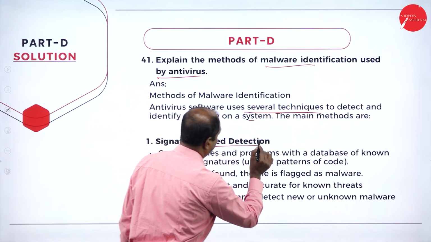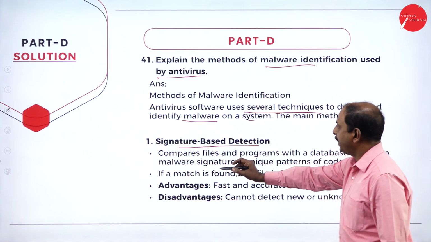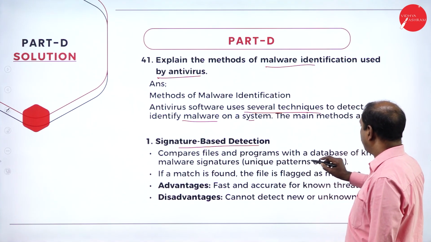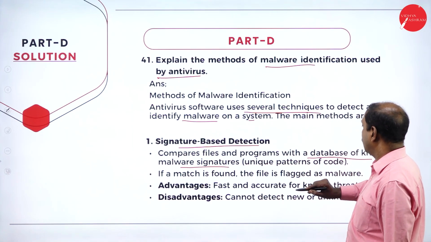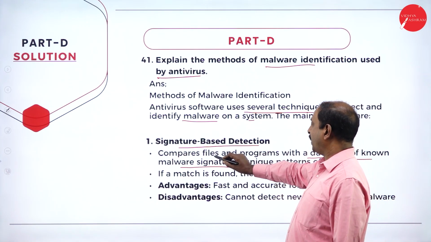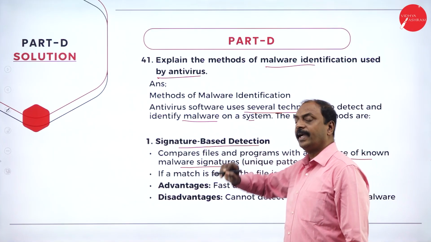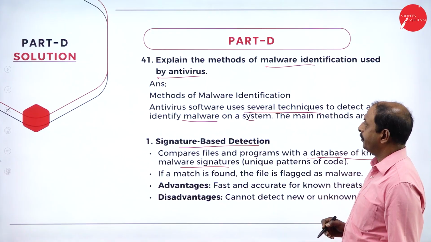Signature-based detection: it compares the files and programs with a database of known malware signatures, meaning already available programs. It compares the files and programs with existing programs. That is called a malware signature.